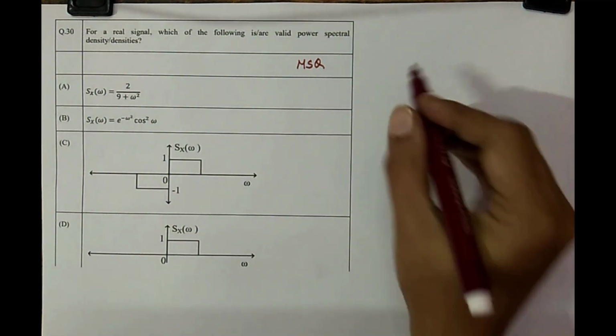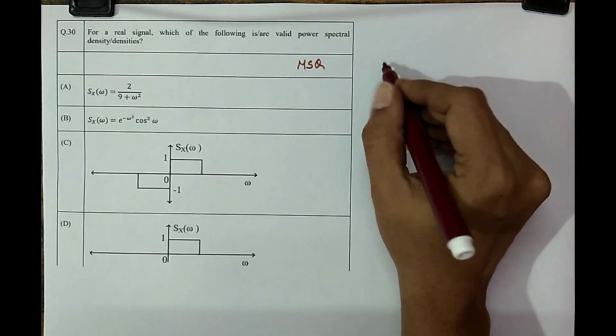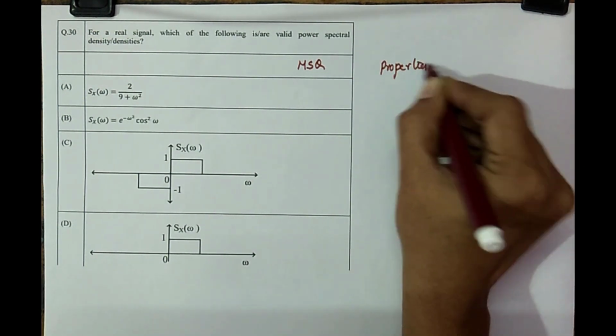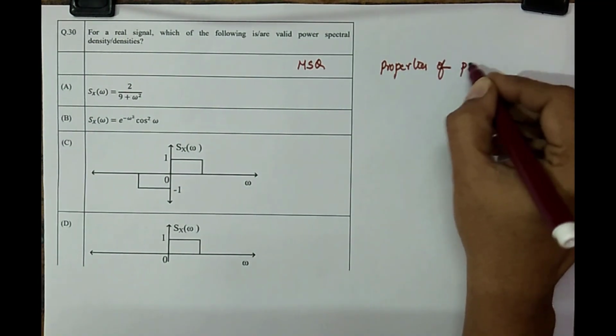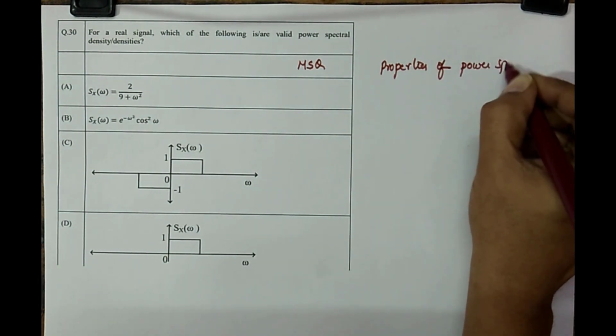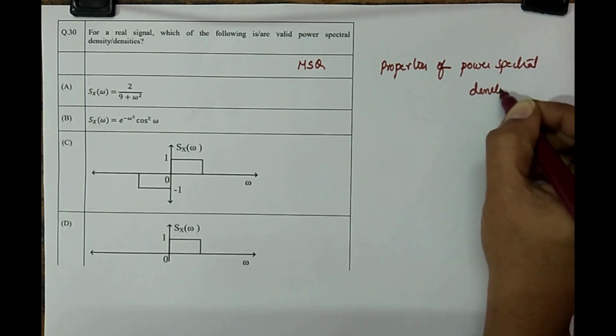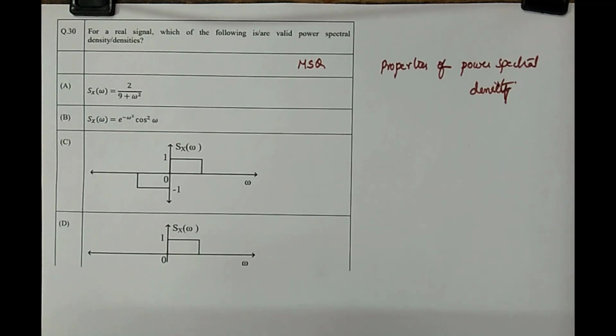So first, I'll tell you two main properties of power spectral density.